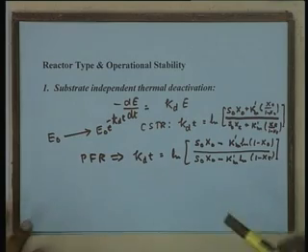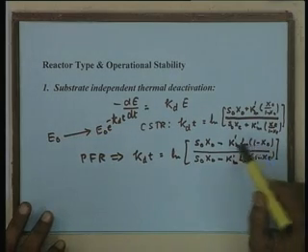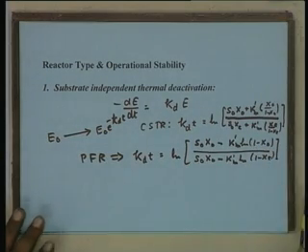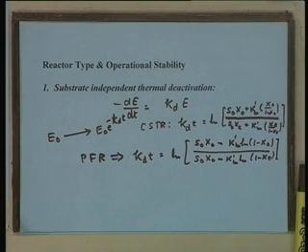You can check this by putting in some arbitrary values. In the case of a PFR, for a substrate independent thermal deactivation, the fractional conversion after time t will decrease much faster than in a CSTR.